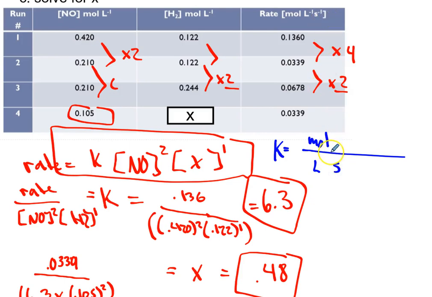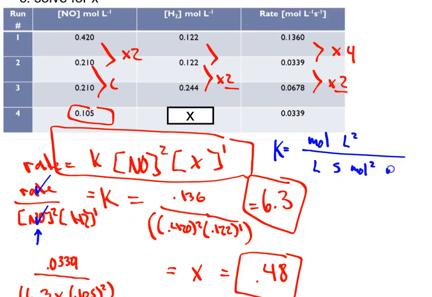All right, and then the next thing I had was NO squared, correct? That's moles per liter, but it's squared. And since it's in the denominator, the units are inverted. So it would be mole squared on the bottom and liter squared on the top. So far we've taken care of rate and NO squared, and now H2 is mole per liter, but it's on the bottom again, so it's inverse.